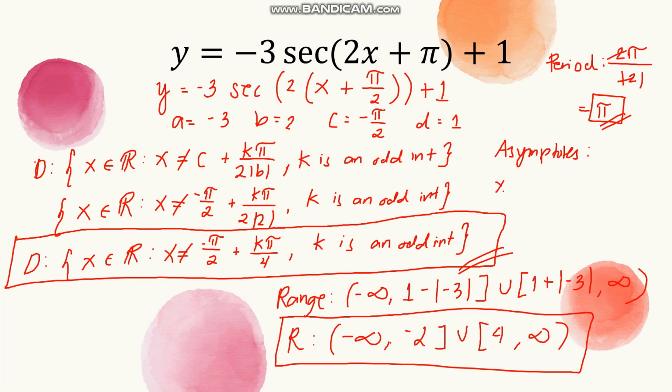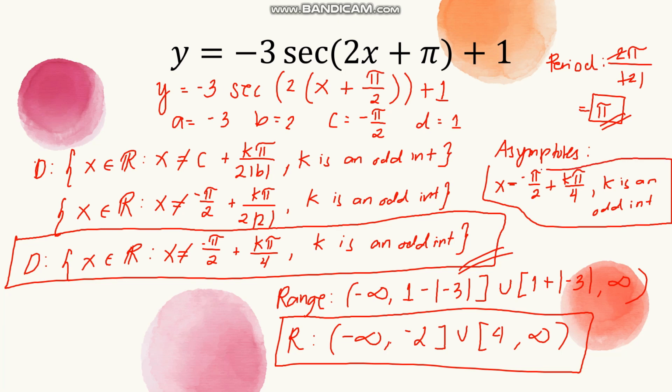So we have x equals negative pi over 2 plus k pi over 4, where k is an odd integer. That will now be the equation of our asymptotes.